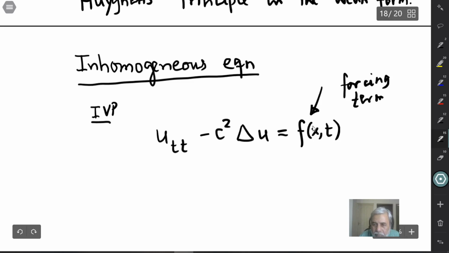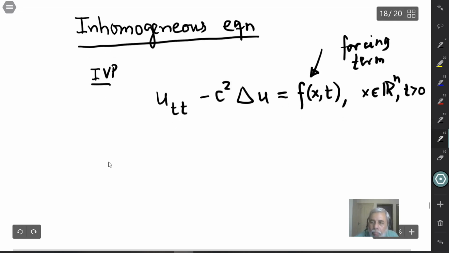So this x in R^n, so let me just write that, though we have derived formulas for only n equal to 3 and n equal to 2. But this principle holds for all the dimensions.